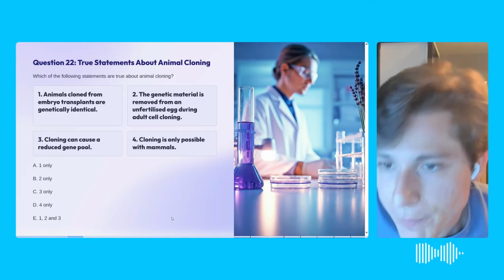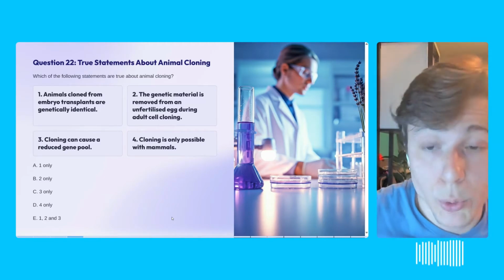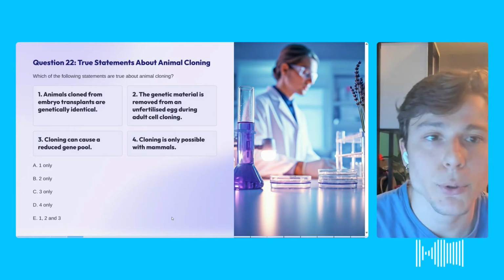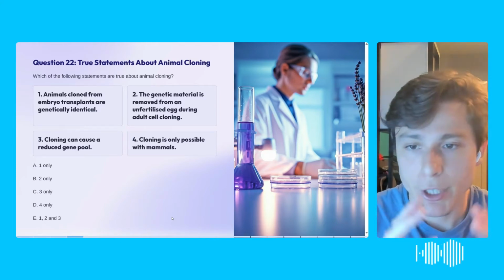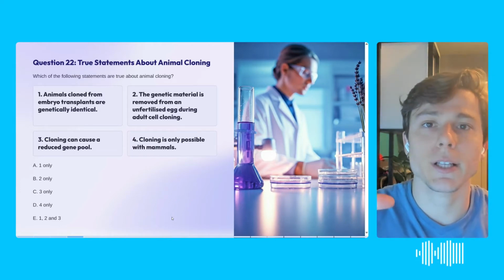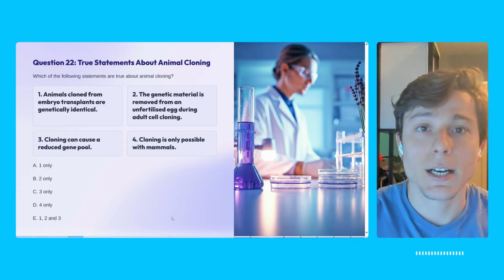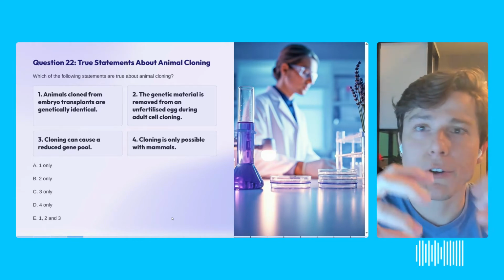The third, cloning causes a reduced gene pool. Perfect. Basically, gene pool is just a metaphor to say that we have this space of possibilities, where we can have different characteristics due to the variability of our genes.